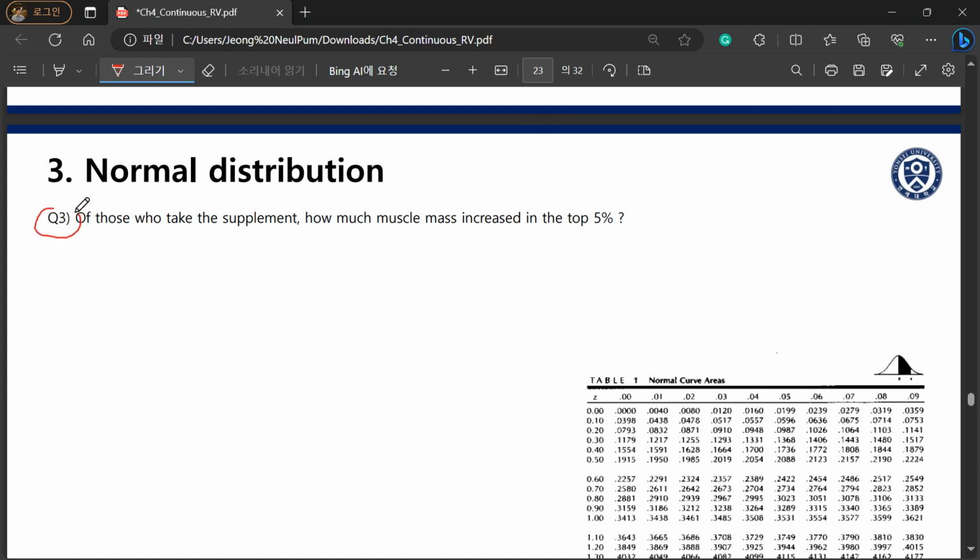Question number 3 can be a little bit confusing because it wants us to calculate the x value, not the probability. For getting this value, we have to know the target value. What we want is the target value such that the probability that our random variable is more than or equal to it is 0.05.